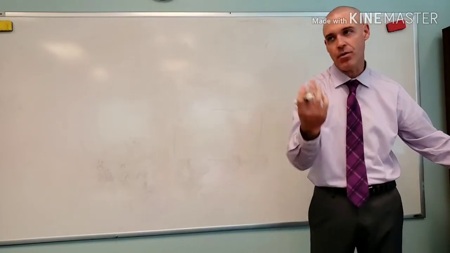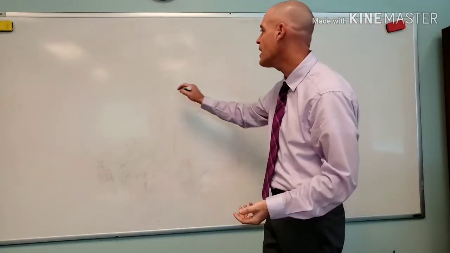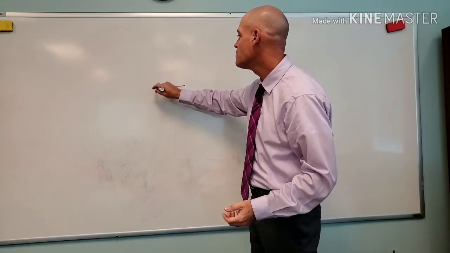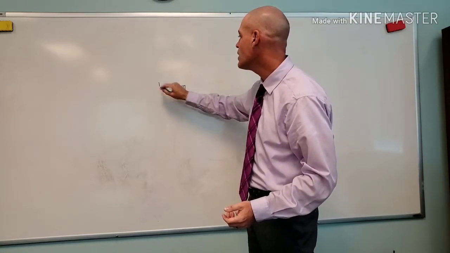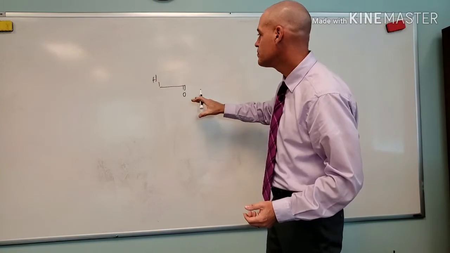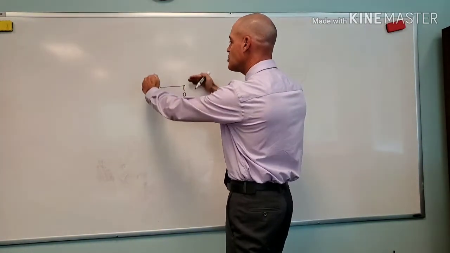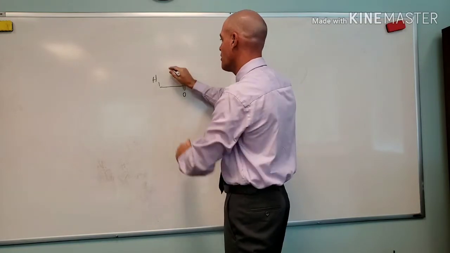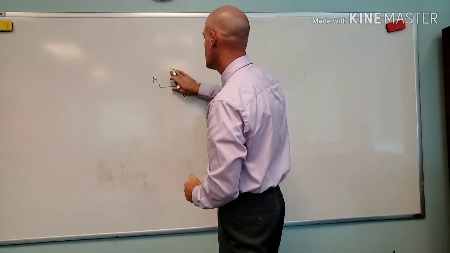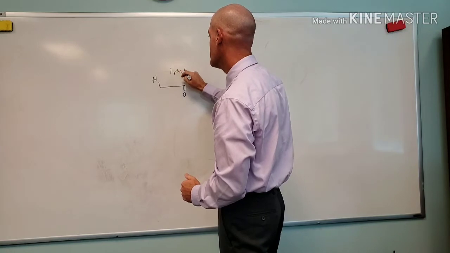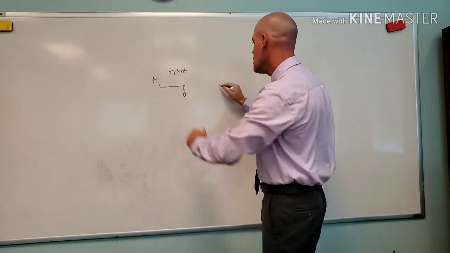Another thing that we could throw out would be the thing called trans fat. If we drew a trans fat, we're basically drawing fats with hydrogen and oxygen that are basically opposite each other, right? Trans. You can read my writing here. Trans meaning across.